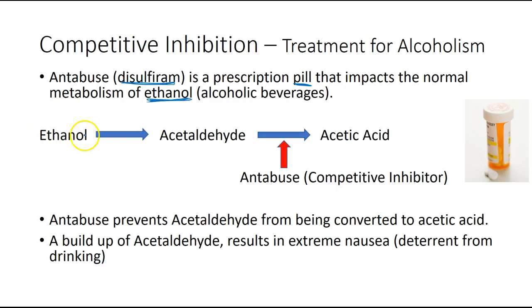So we go from ethanol using enzyme number 1 to acetaldehyde, which is an intermediate product, which is also going to be a reactant to enzyme number 2, which is going to catalyze the reaction from acetaldehyde to acetic acid, which is normally a byproduct of alcohol metabolism. If we take the drug disulfiram and utilize its properties of being a competitive inhibitor to this particular enzyme, and the enzyme names are not important.